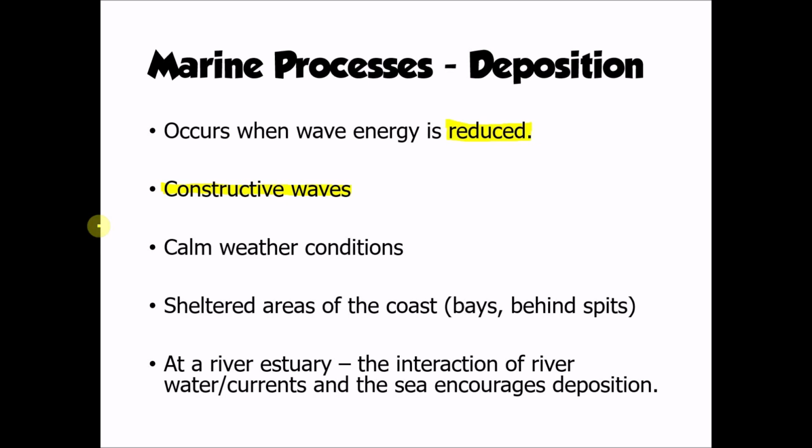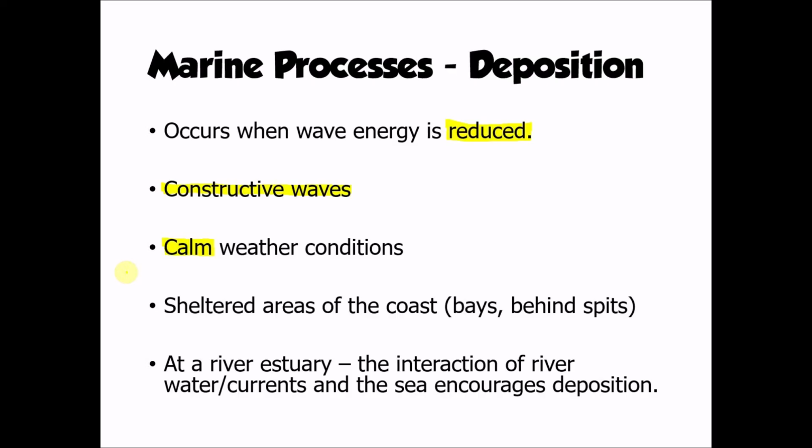Particularly where they have quite a strong swash, they're going to help to move material onto the shoreline, onto the beach, but not going to have the energy to remove it. Linked with that are calm weather conditions, where we have low wind speeds, we're going to have small waves, and therefore we're likely to experience deposition happening when the weather conditions are calm.